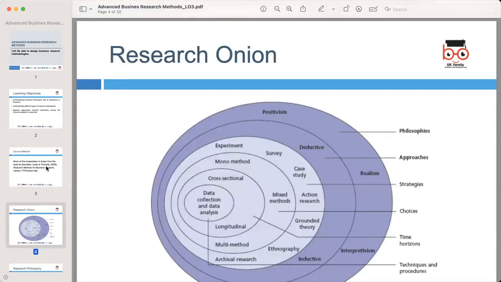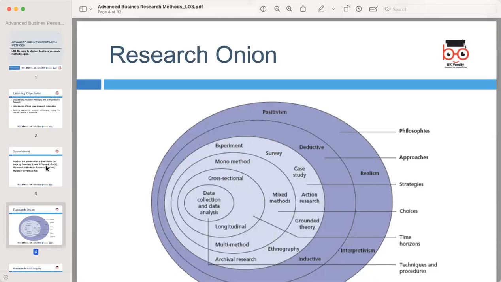So here, first of all, we'll talk about the research onion, what the research onion is. Research onion is like a tool that helps researchers navigate the various layers of a research project. Just like an onion has multiple layers, research also involves several stages or layers that we need to peel back.